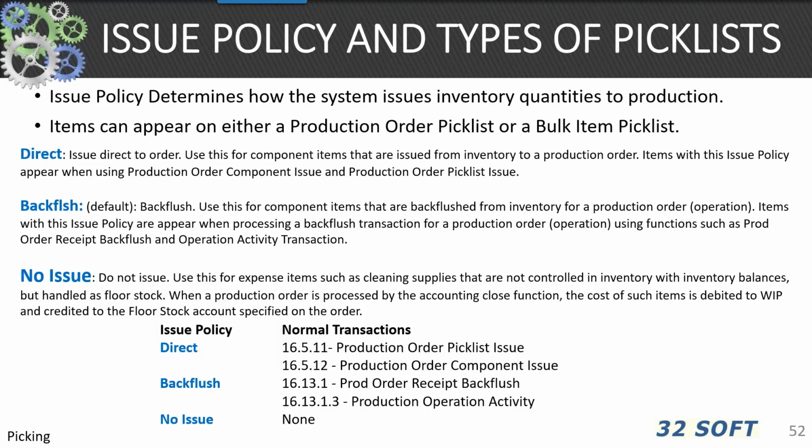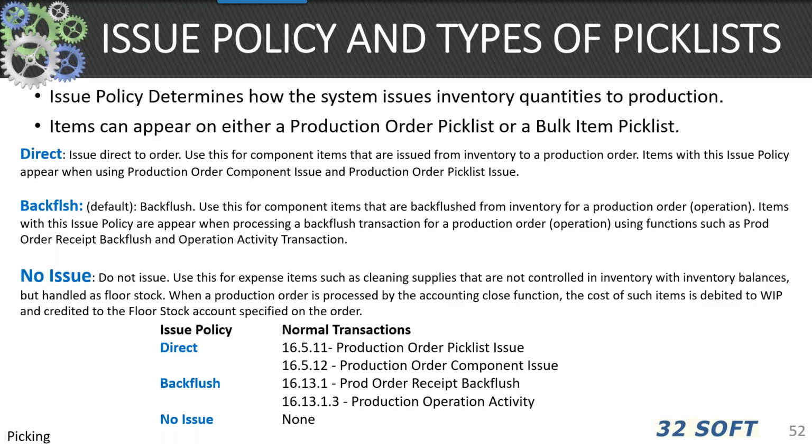You can specify how the system issues inventory quantities to production by setting the issue policy in 1.4.16. There are basically three options. You can use a no issue. This is for expense, cleaning supplies, those kinds of things which you don't want to actually issue.